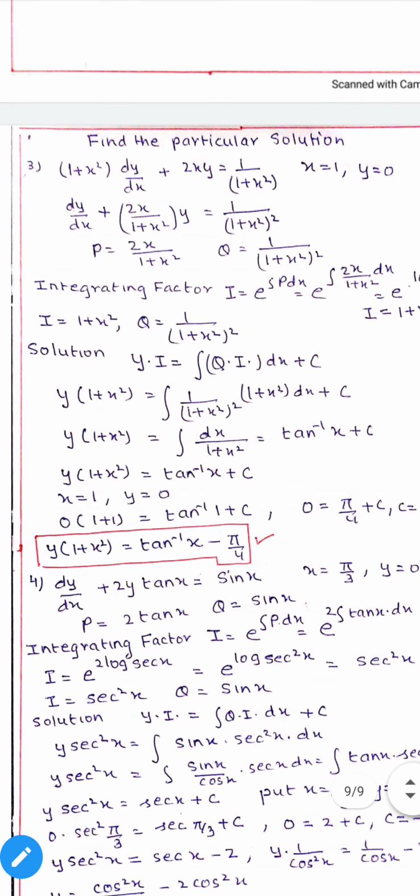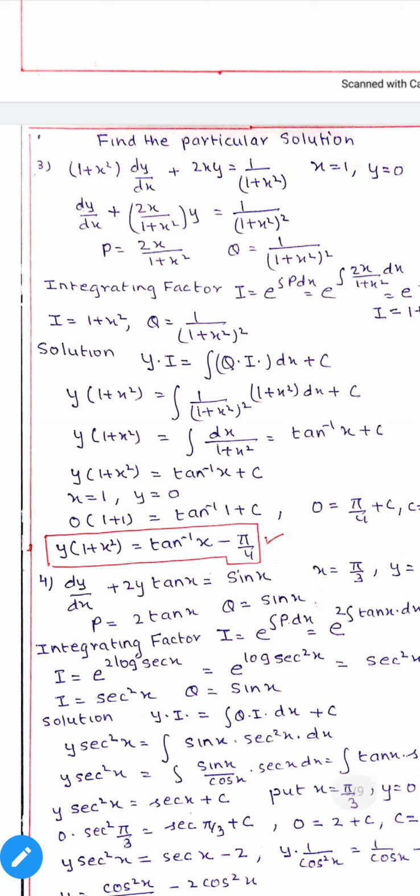Here I is 1 plus x square, q is 1 upon 1 plus x square whole square. Solution is y into I is equal to integral q into I dx plus c. Let us multiply y and I, that is y into 1 plus x square is equal to integral 1 upon 1 plus x square whole square multiplied by 1 plus x square.